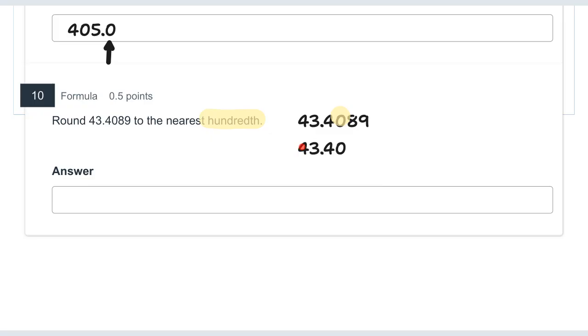Nothing changes. And then I'm going to increase that last digit by 1. So this will be 43.41 above it. What comes after the 0 is an 8. And 8 tells us to round up. 43.41.